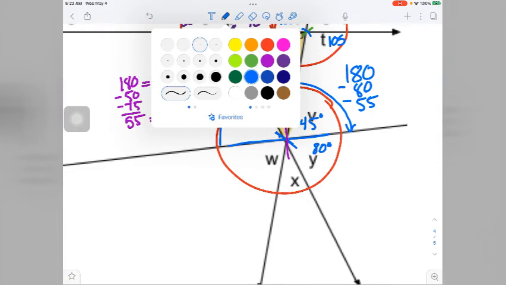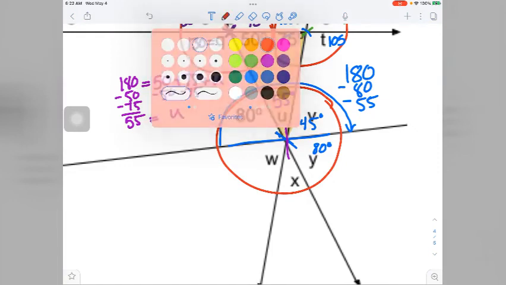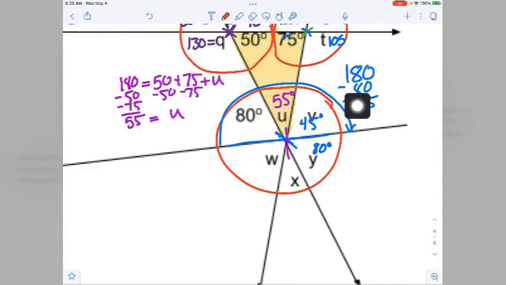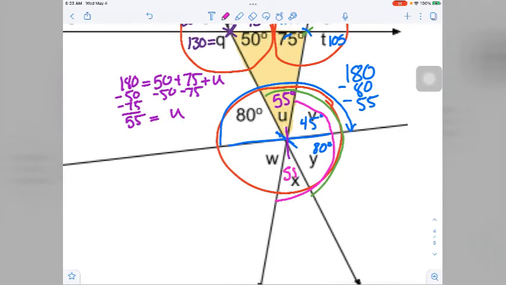Anyways, I can use that same information. I know that 80, 55, and 45 make 180. That should match here: 55 plus 45 plus 80 should work. I'll use green for this one. 45 plus 80 plus 55 should go here, so this one has to be 55.